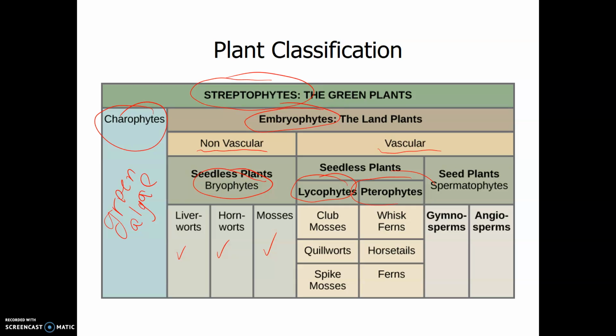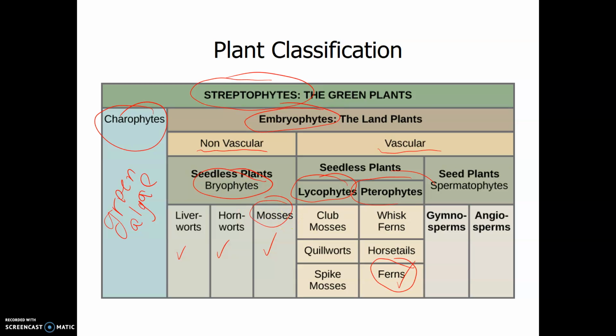And then the pterophytes include ferns and also whisk ferns and horsetails. For the seedless vascular plants, ferns are probably the most well-known plant, just like for the seedless plants, the mosses are the most well-known bryophytes.